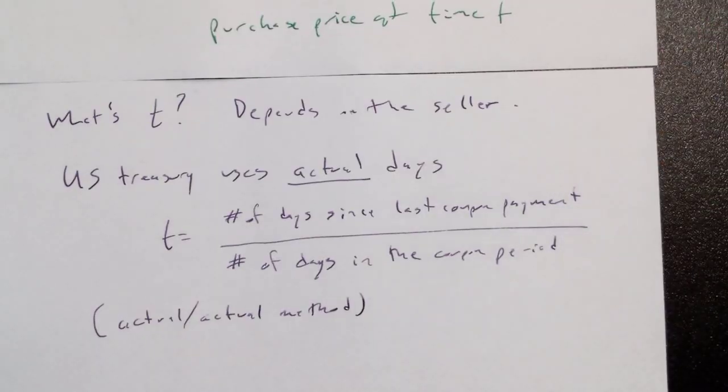The problem in this, you need the calendar in front of you because things like leap years and the different number of days in the months matter. So let's use our example.